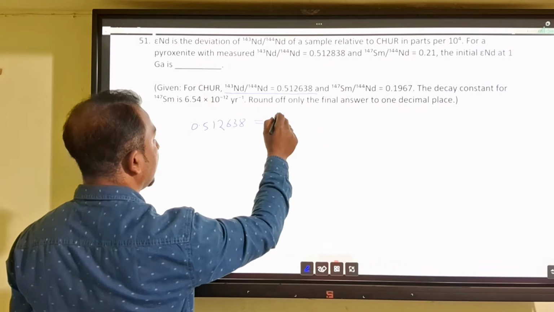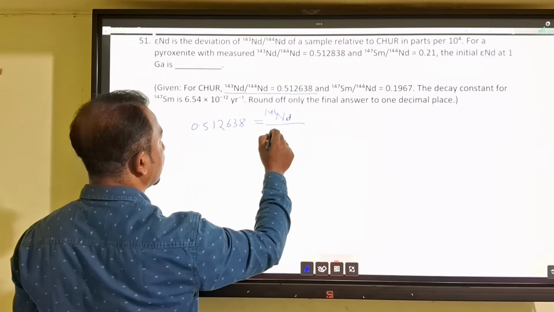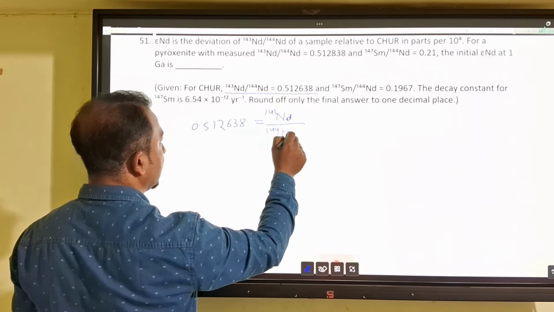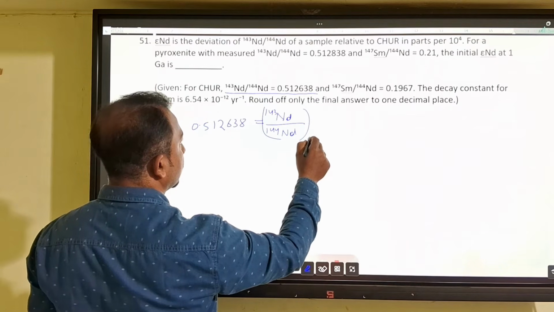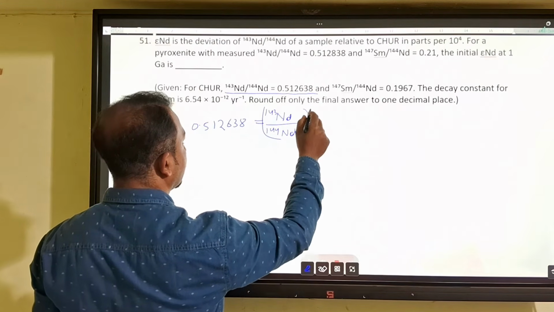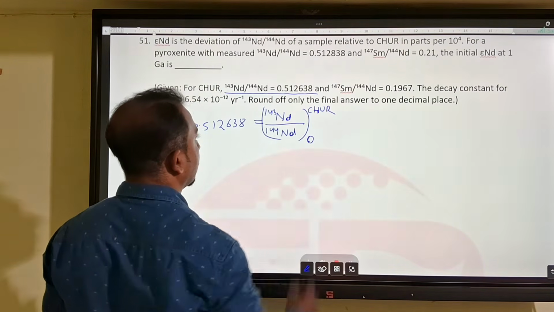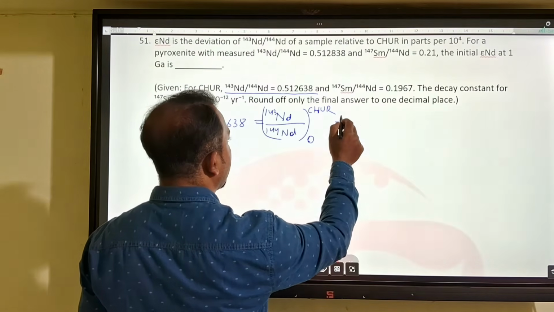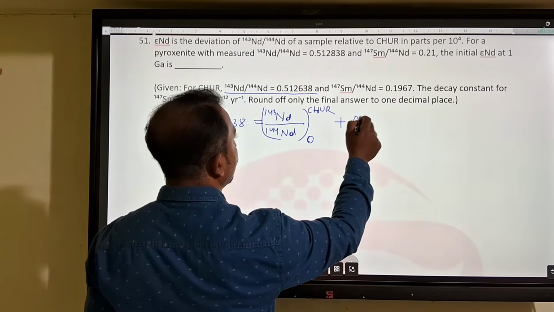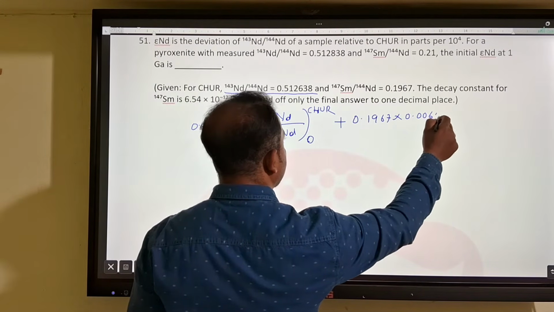We have to calculate the initial value of the chondritic uniform reservoir, which is that minus 0.1967 into 0.00656.